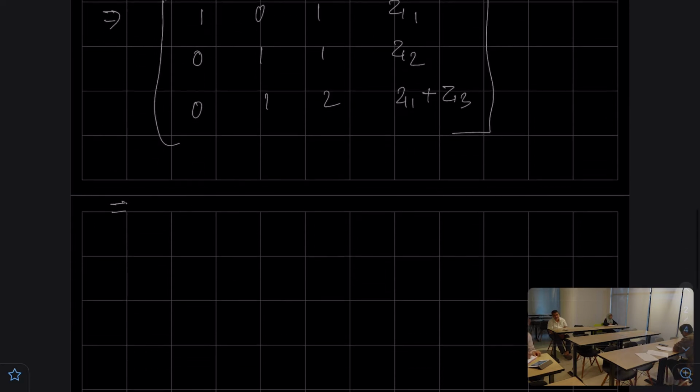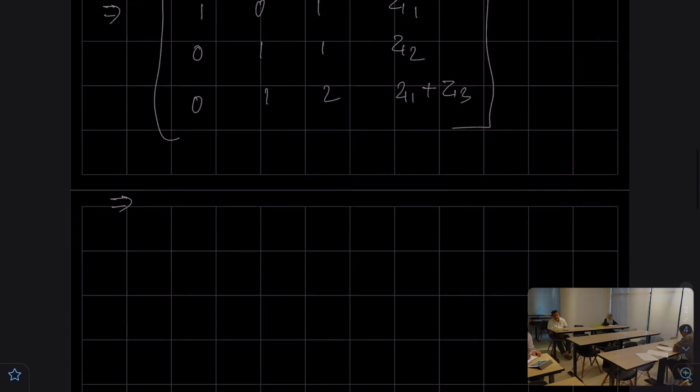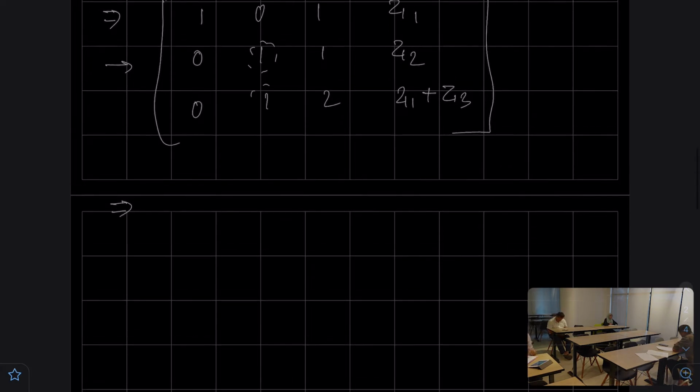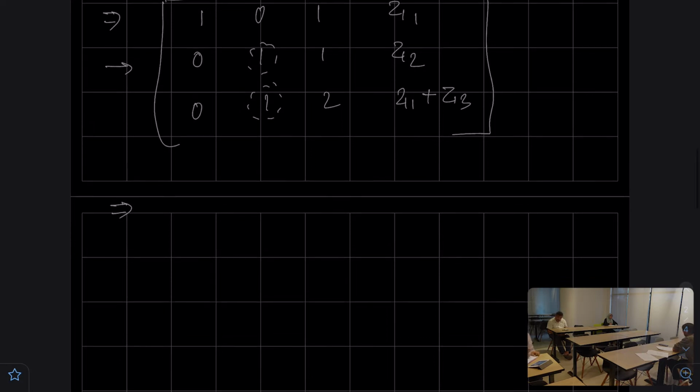Then, for the second row, this is again the leading one. So what I can do is make this 0, and to do that the operation will be minus 1 times R2 plus R3 equals R3 prime.